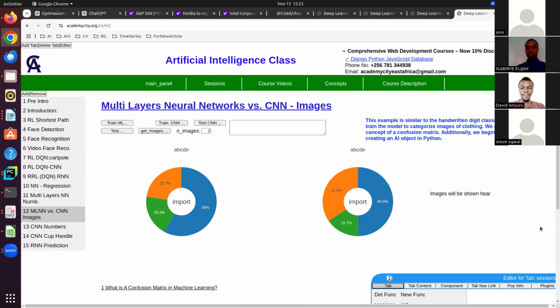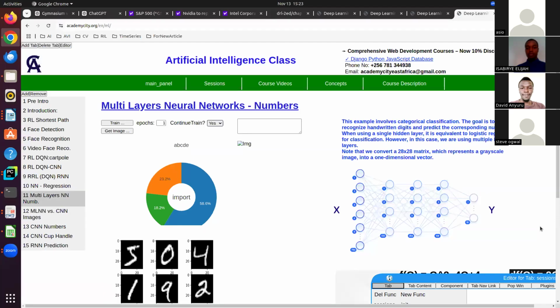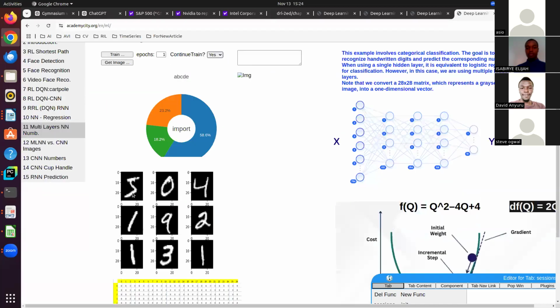You're writing, let's say, on a pad, and then the computer takes your handwriting and converts it as if you typed it yourself, okay? And here is an example. Let's say you're writing numbers on a pad. Let's say you write the number 5, and you want it converted to a typed 5. How does the computer do it, okay? Or you write a 0, okay?